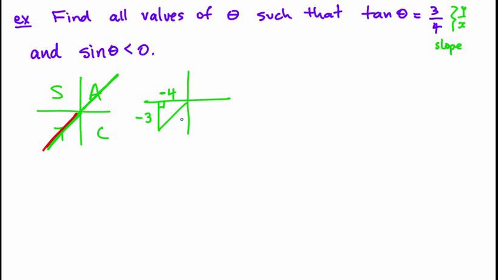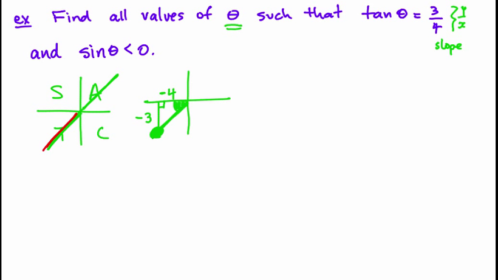And by Pythagoras, I could figure out my r value, but I don't really need to for this question. I'm not calculating a trigonometric ratio or a fraction for this one, I'm trying to find the values of theta that land me with this terminal arm right here.